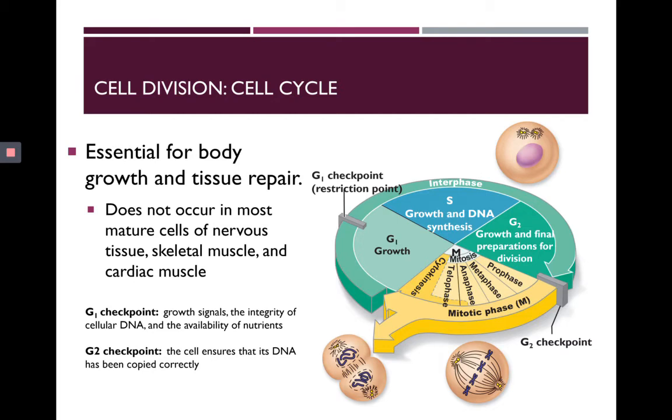The G1 checkpoint checks for growth signals being prepared properly and that DNA hasn't mutated. The G2 checkpoint checks to make sure that the DNA was copied properly. And DNA is copied during S phase, or the synthesis phase of interphase. So the S phase of interphase is when DNA is replicated.